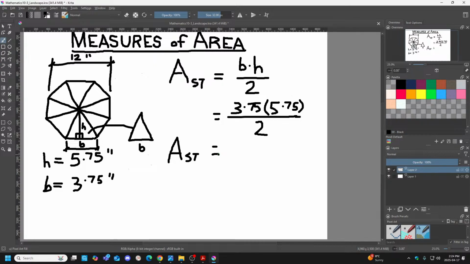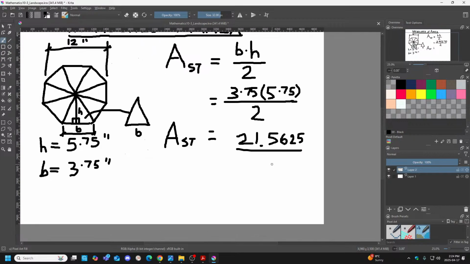So 3.75 times 5.75, which gives us a numerator of 21.5625. That's going to be all divided by 2.